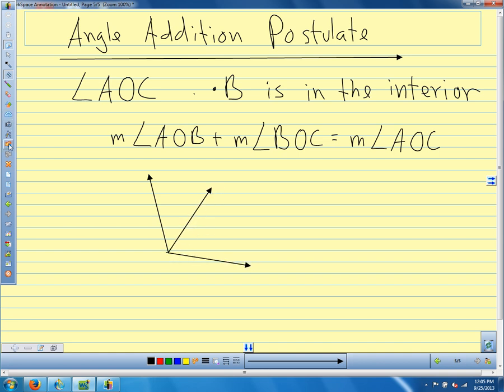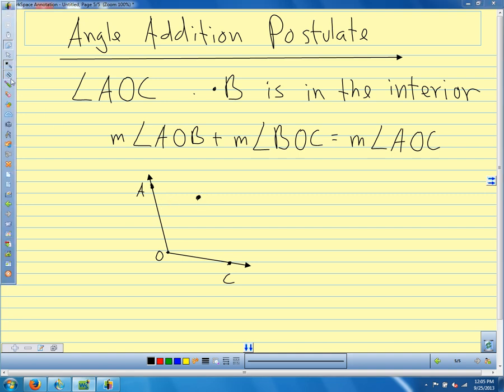Oops, let me undo that last one. So here's angle AOC. The postulate says that point B is in the interior. So where am I going to put point B? Inside? Is this the inside? No. Along here on the inside? No. Right here at the tip of the ray? No. In here? Okay.